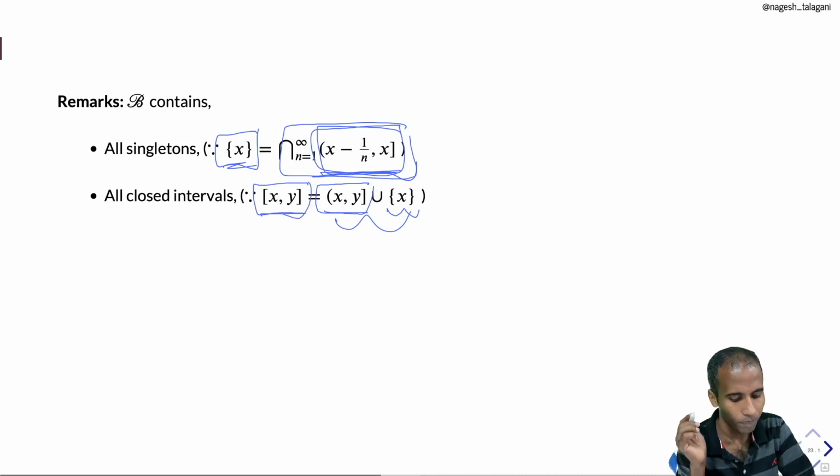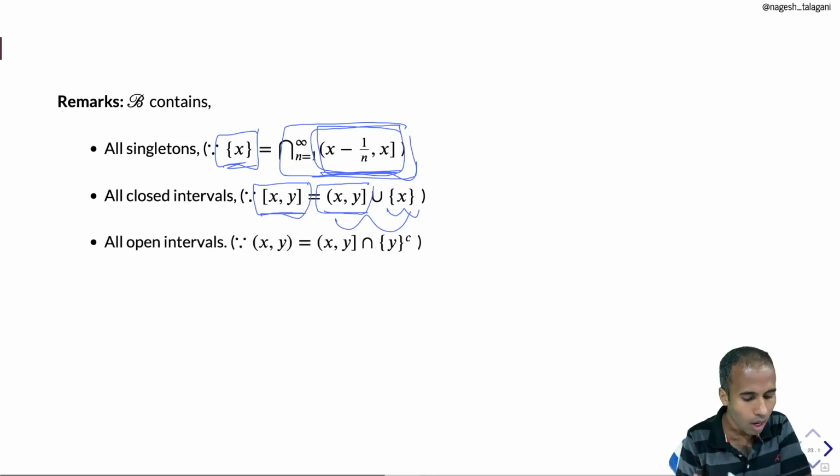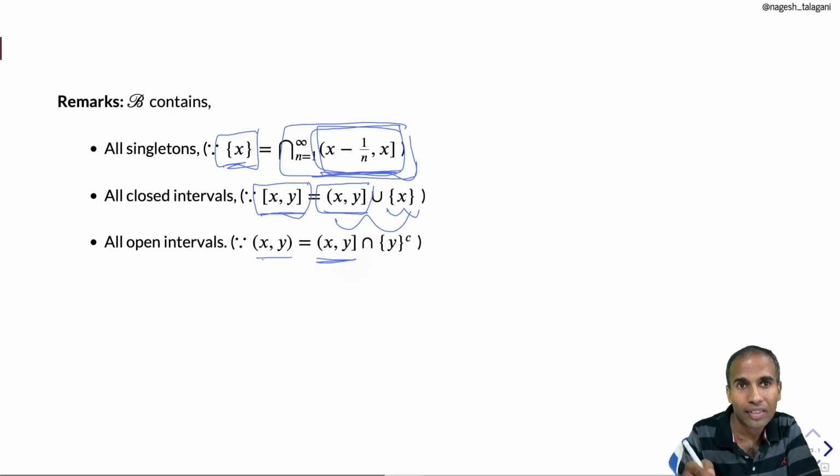Next, all open intervals are Borel sets because an open interval can be expressed as a basic element of the Borel sigma field intersected with singleton y complement. We know that singletons are elements of the Borel sigma field, and the singleton's complement must also be there because a sigma field must be closed under complementation.